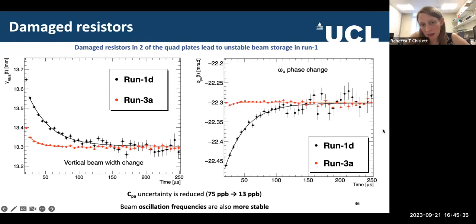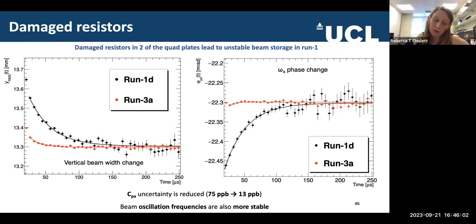And then this plot shows the phase acceptance. You can see that this is hugely reduced just due to the fact that the beam isn't moving as much. The overall impact of this was to reduce the phase acceptance uncertainty from 75 parts per billion in run 1 to 13 parts per billion in run 2.